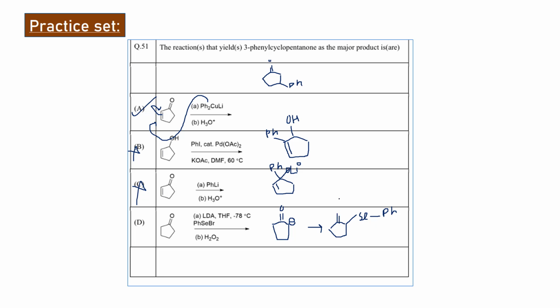In the next step, if you add H2O2 and NaOH, this selenium will be oxidized and undergo an elimination, giving an alpha beta unsaturated double bond. So the correct option is option A.